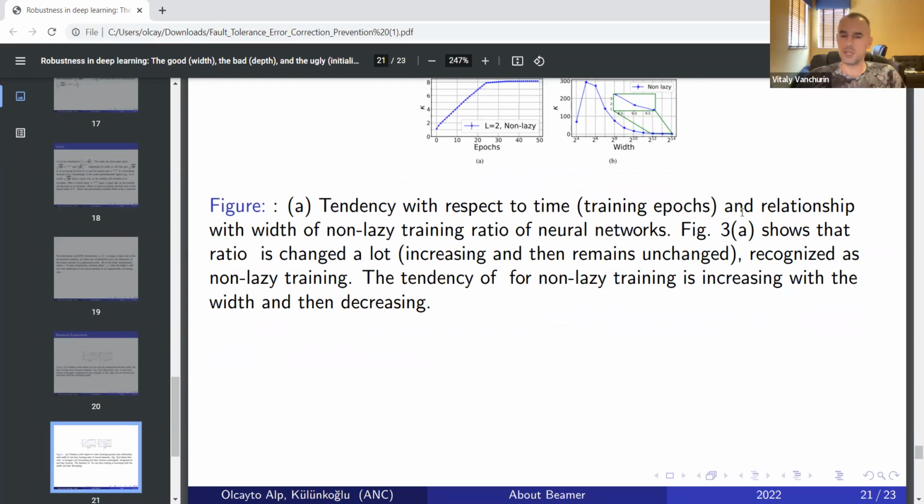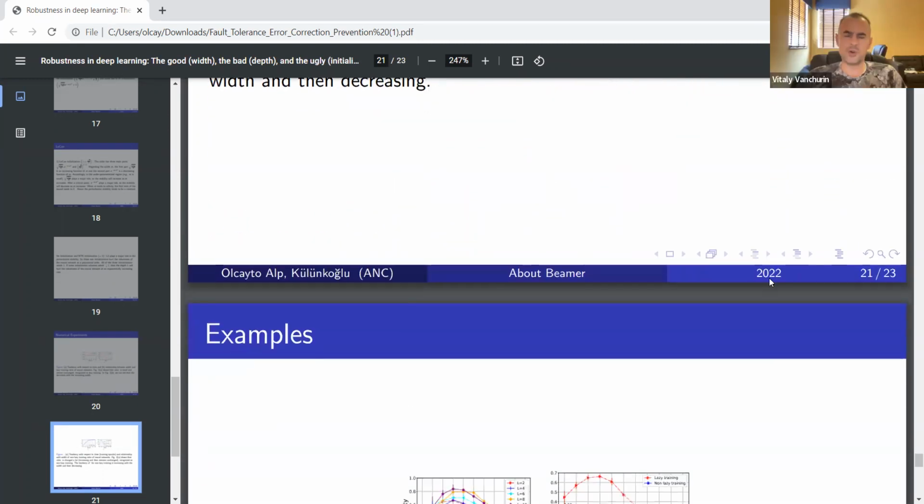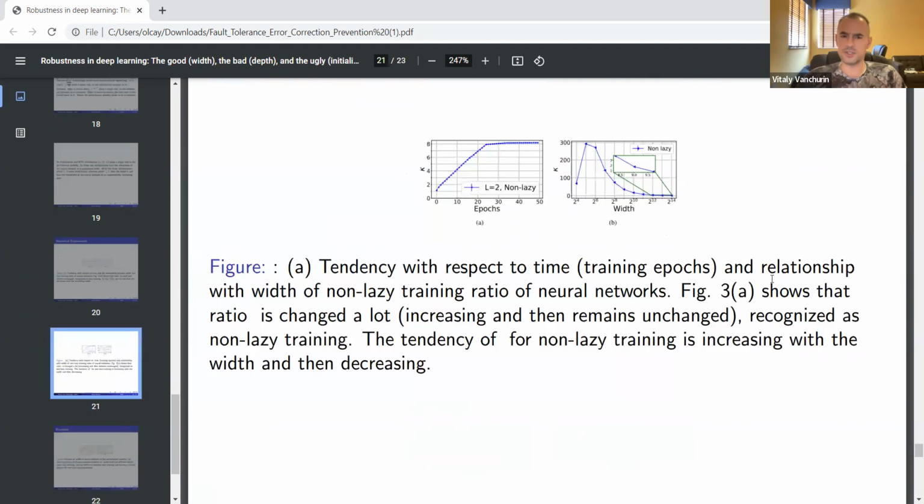Decreasing means it becomes lazier, right? Yes, lazier. The ratio decreases. And again, there's no analytics to explain all this, just pure numerical results, right?